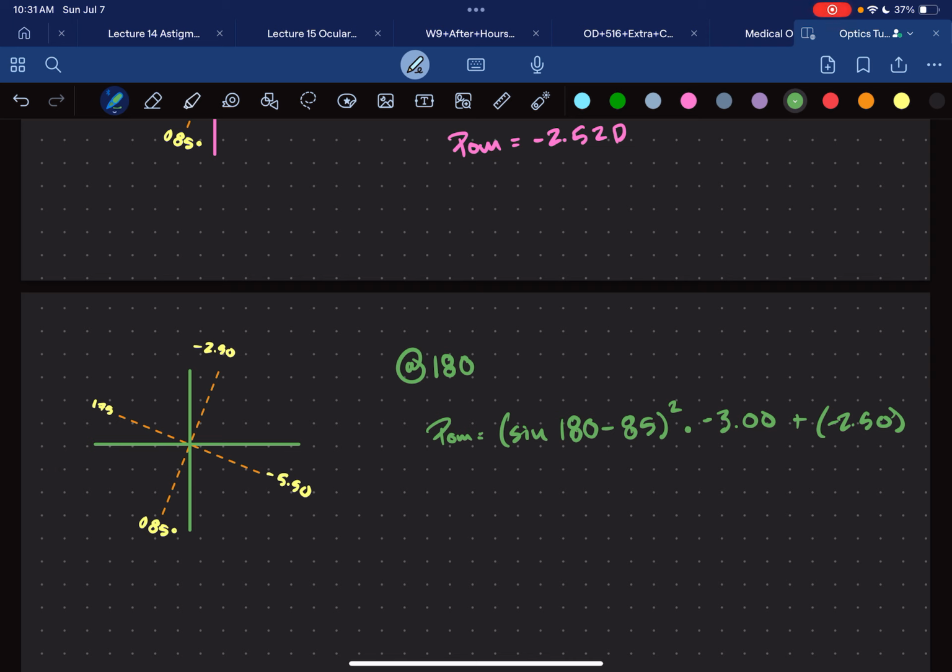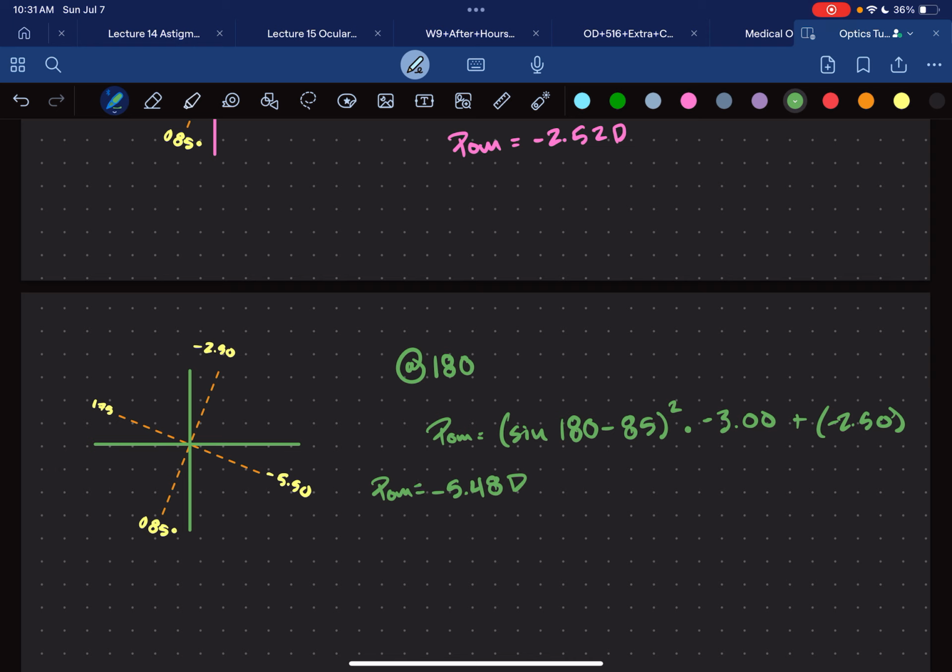I'm just going to talk it through, not write it out. We'll find the sine of 95, square that, times that by negative 3, and add that to the negative 2.50, and we get a negative 5.48 diopters for the 80.